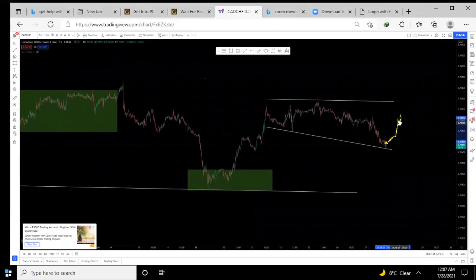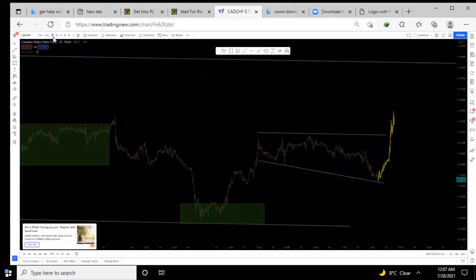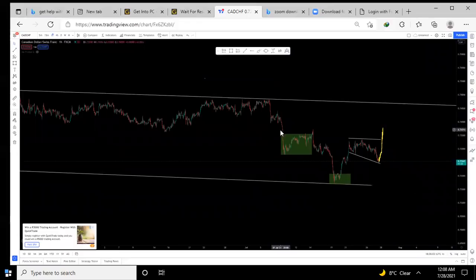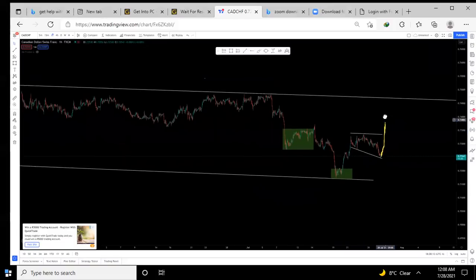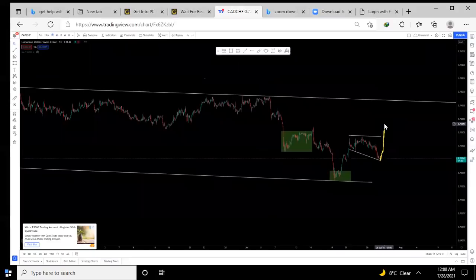I feel like we can have something like this, guys, because I feel like it will break that level. So we'll go back to the 1 hour. Even on the 1 hour, you can see, guys, the target on this one is going to be big money, because we're targeting a certain area.